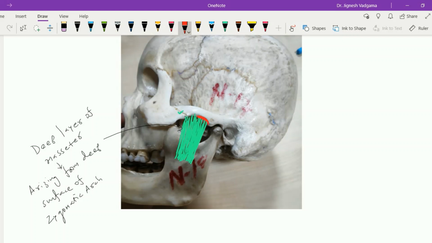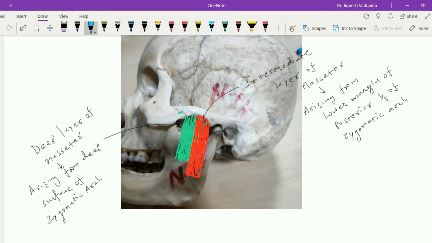The intermediate fibers arise from the lower margin of the posterior 1/3 of the zygomatic arch as well as from the inner surface of the anterior 2/3 of the zygomatic arch. And these fibers pass vertically downward and insert over the middle of the lateral surface of the ramus of the mandible.